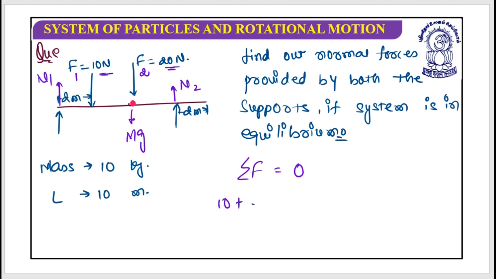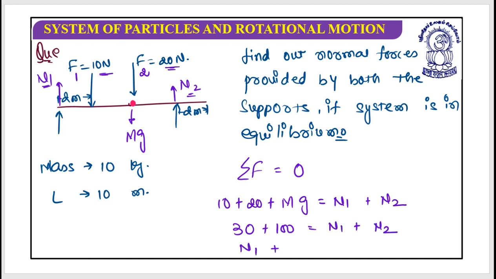So 10 plus 20 plus mg equals N1 plus N2. It's 10 plus 20, 30, plus mg, which is 100, equals N1 plus N2. This gives N1 plus N2 equals 130 newton.